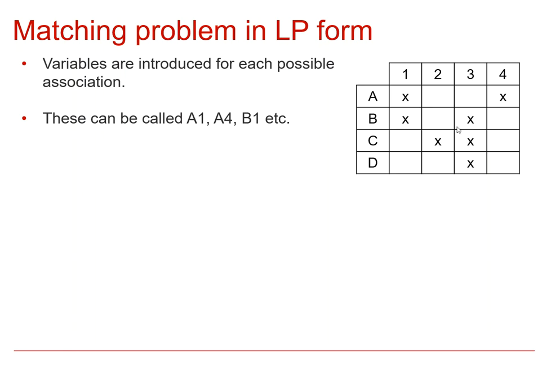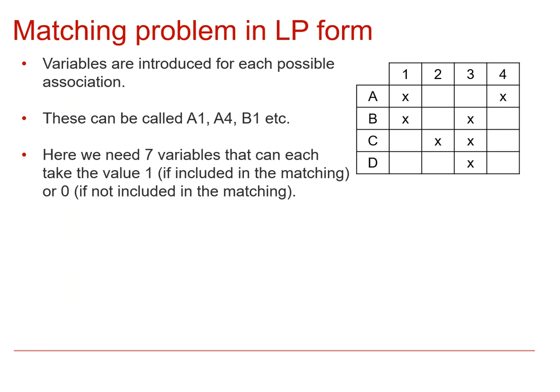In other words, if this association is going to be part of the matching that we choose. Now, because we've got 7 possible pairings, each one will take a value of 1 if it's going to be included in the matching, 0 if it's not.